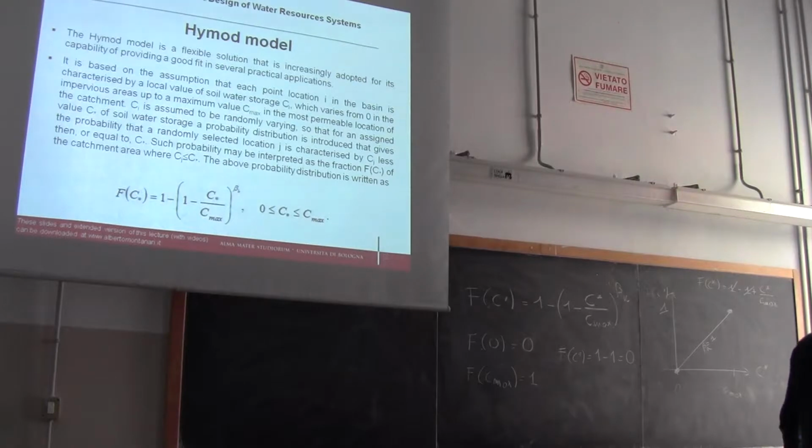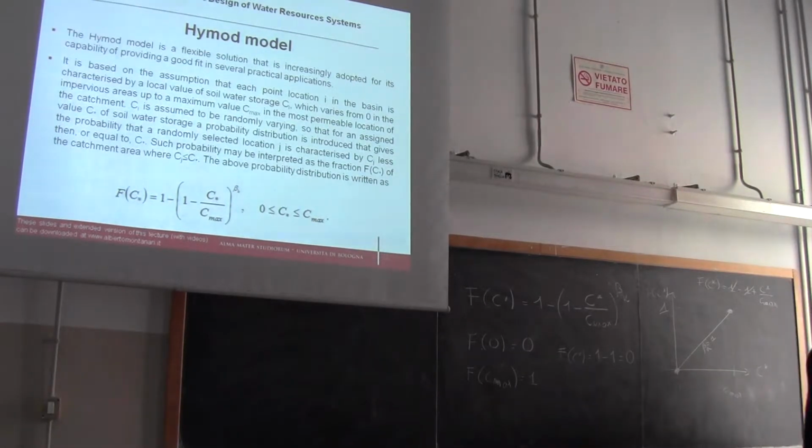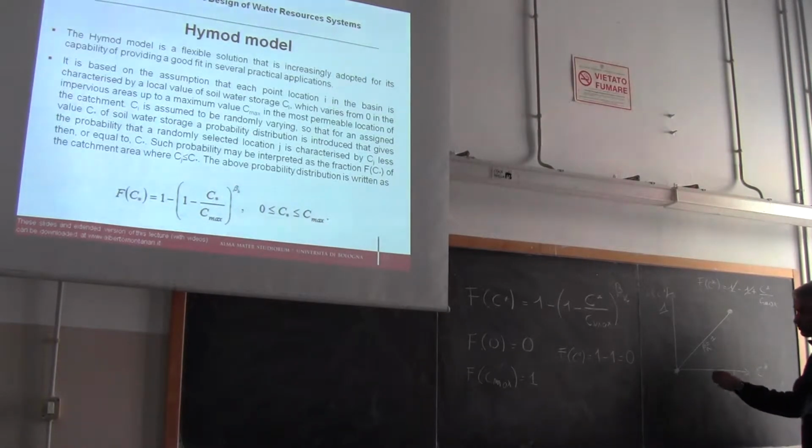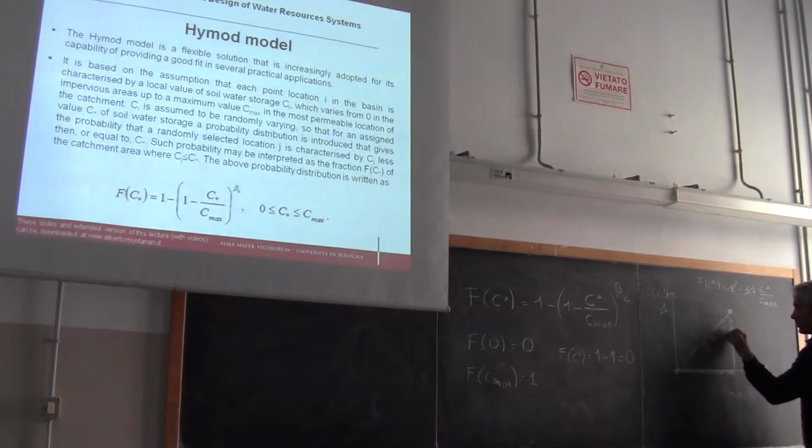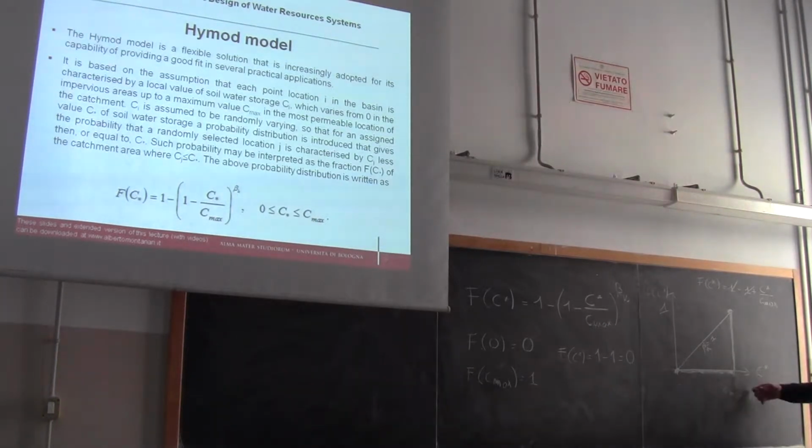So f c star is identically equal to 0. So what happens is that we get this kind of behavior, and then here we abruptly go to C max, 1.